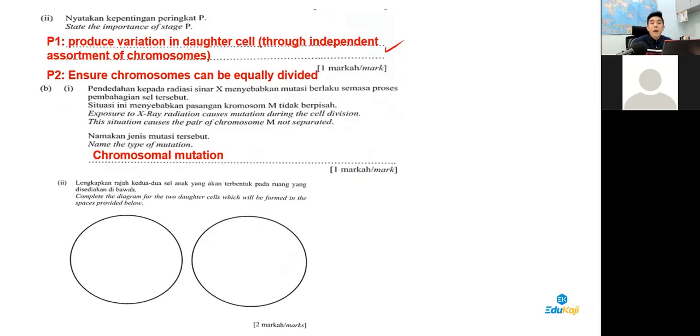Oh, pair M. Okay, I saw it already. So one should have the bigger chromosome. Both sides have the big chromosome, but where is the pair? By right, one should be here, right? But now both are on one side.